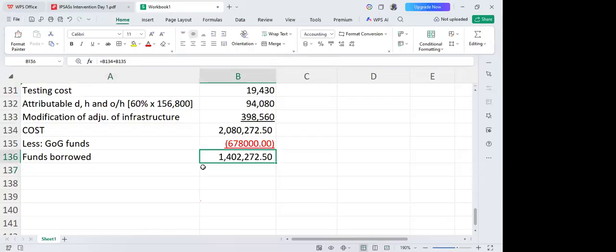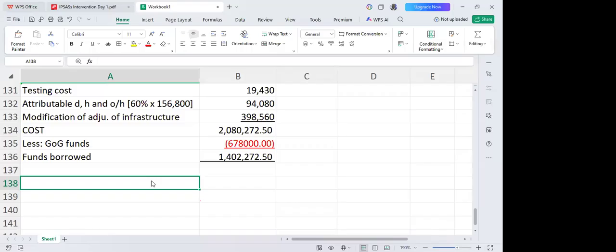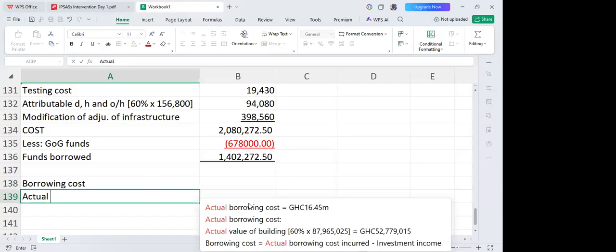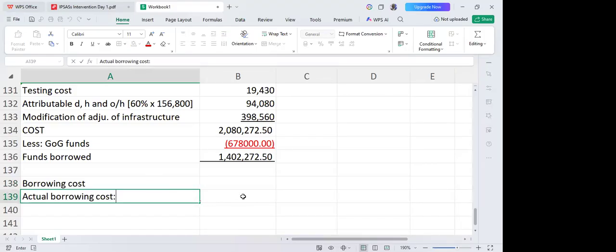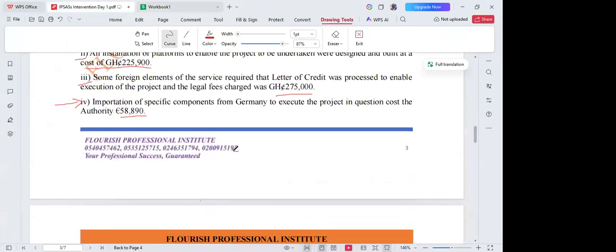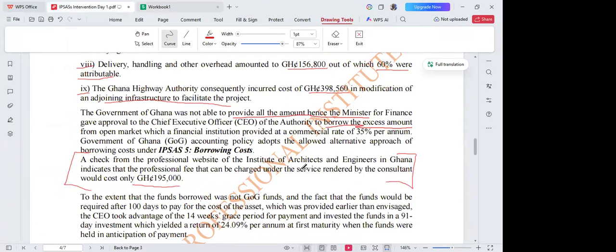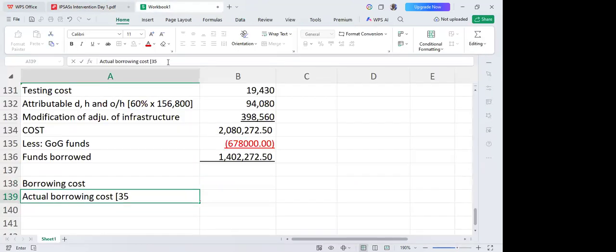If you are calculating borrowing cost here, you already know the formula. You need to get the actual borrowing cost incurred. And to get that in our case, we need an interest rate. The interest rate given to us was 35%. So we pick the 35% here and multiply it on the figure, which was 1,402,272.50.